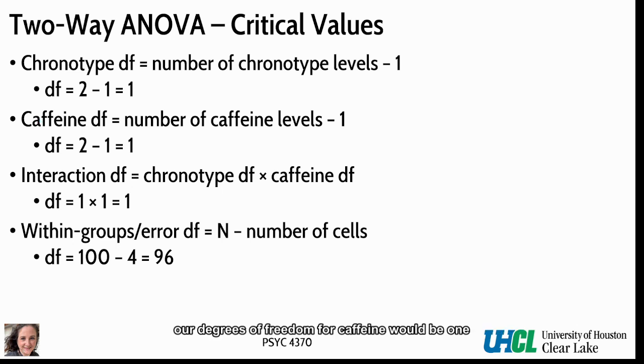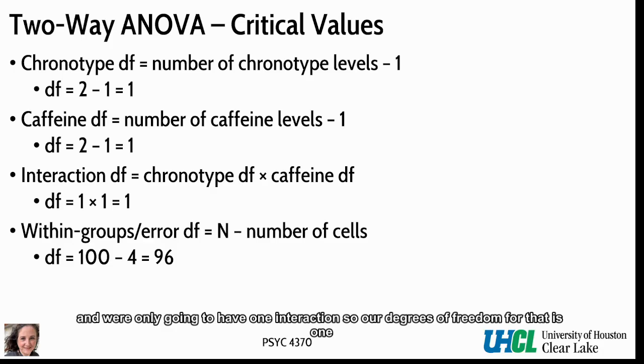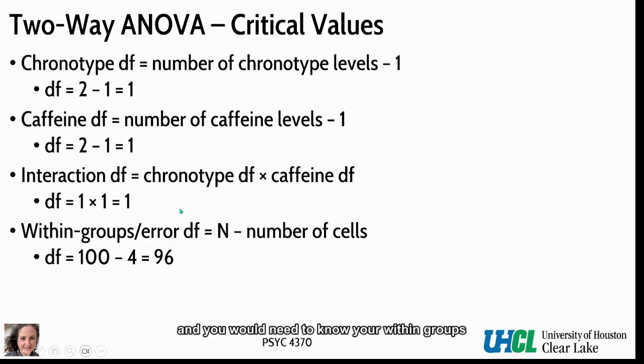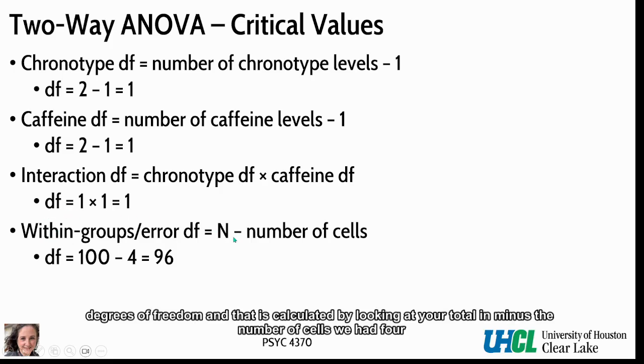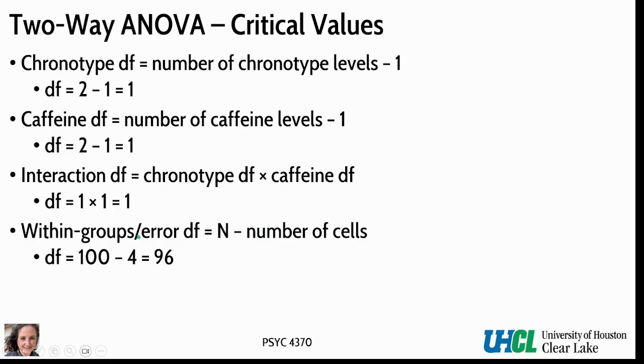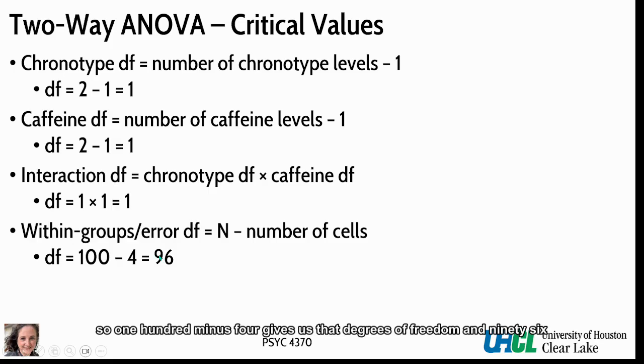So our degrees of freedom for caffeine would be 1. And we're only going to have 1 interaction, so our degrees of freedom for that is 1. And you would need to know your within groups degrees of freedom, and that is calculated by looking at your total N minus the number of cells. We had 4, so 100 minus 4 gives us a degrees of freedom of 96.